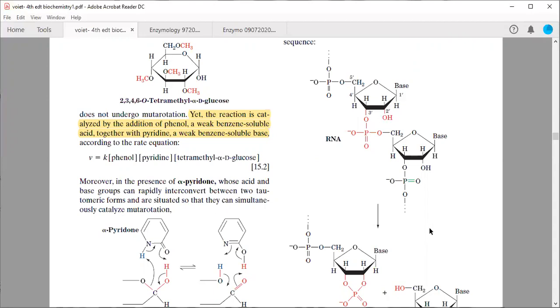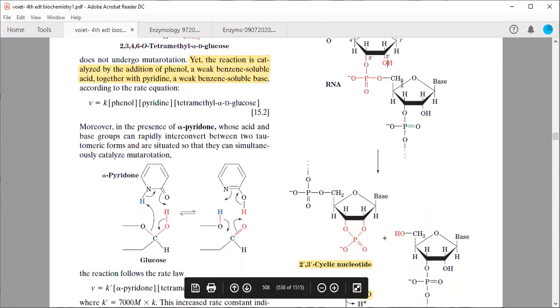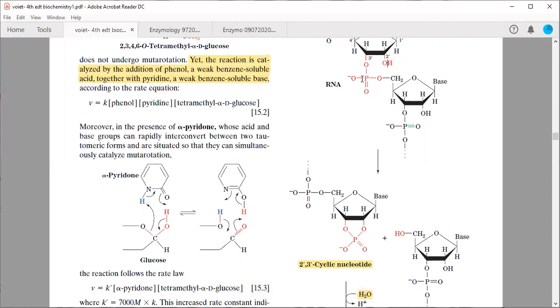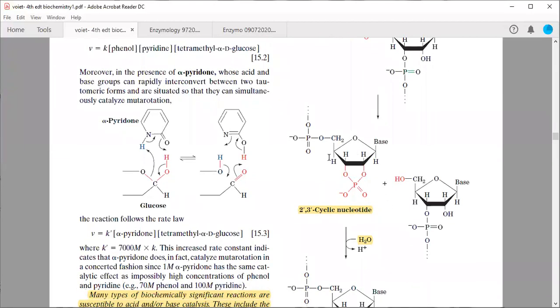So how does it catalyze this reaction? This OH group will nucleophilically attack this phosphate group, because the phosphorus has a positive charge, surrounded by negatively charged or electronegative oxygen atoms. Therefore it develops some positive charge, so that this negative OH group will attack the positively charged phosphate. It makes something like this: a 2',3' cyclic nucleotide intermediate.